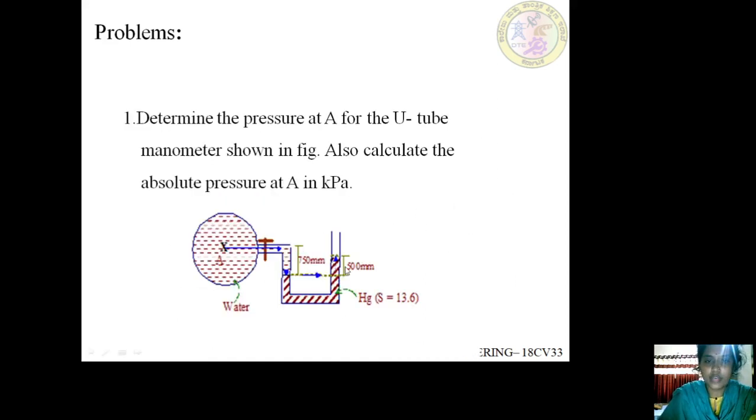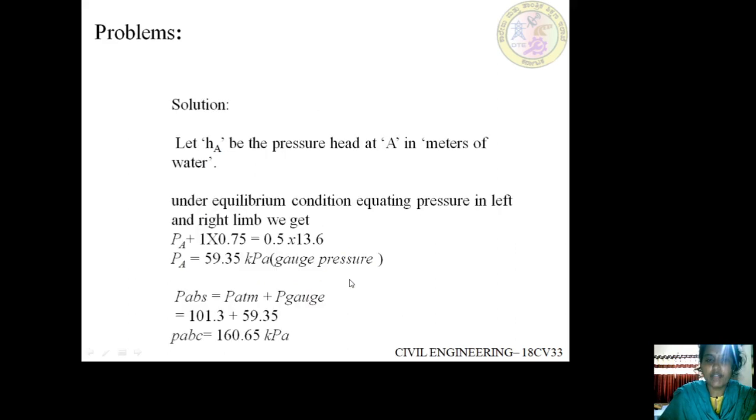So we have to equate the pressure exerted in the right limb because of this mercury. If we equate that, we will get the pressure at A, which is nothing but the gauge pressure.